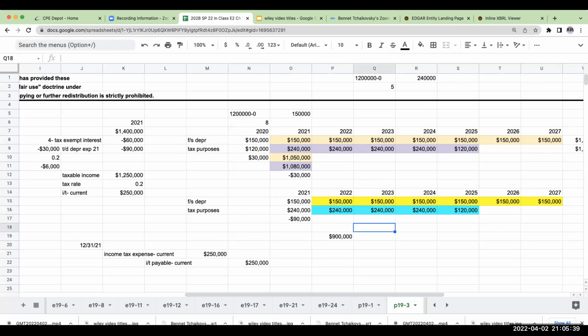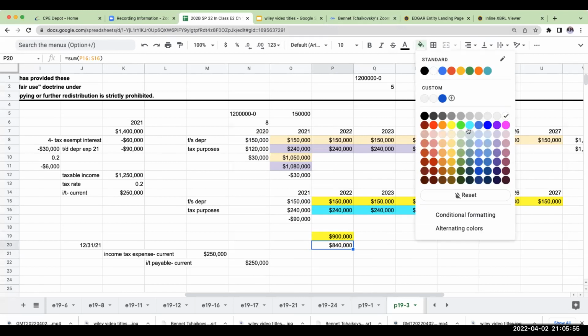Okay. So over here, I'm going to be taking future deductions for financial statement purposes of 900,000. But for tax purposes, right over here, I'm going to be taking future deductions of 840,000.